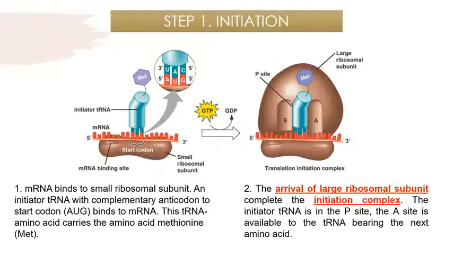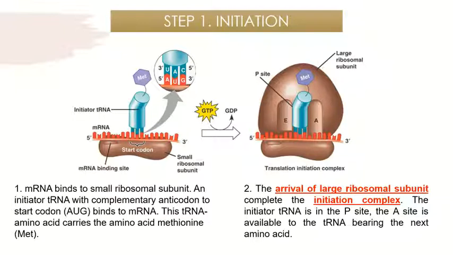So the initiator tRNA will come first and bind to the start codon. Have a look at the complementarity of the codon and anticodon there. You have the codon 5' AUG and the anticodon is 3' UAC.